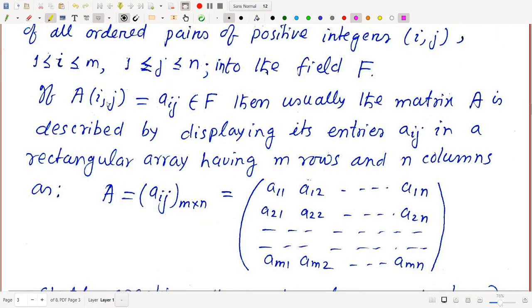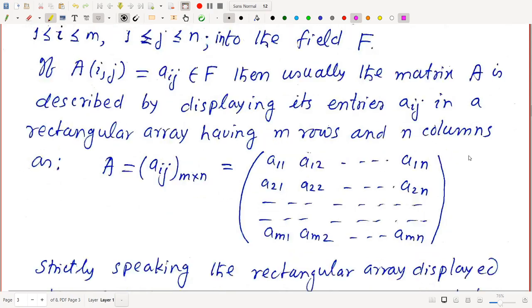If the image of the ordered pair (i, j) under the function A is small a_ij belonging to capital F, a_ij is a unique element of capital F, then usually the matrix capital A is described by displaying its entries a_ij in a rectangular array having m rows and n columns.